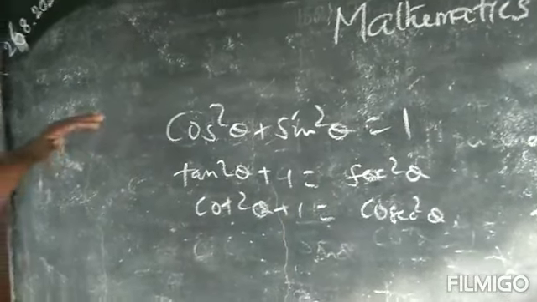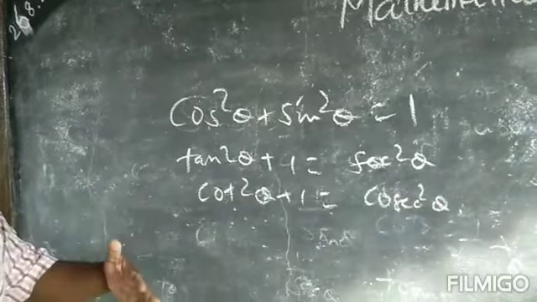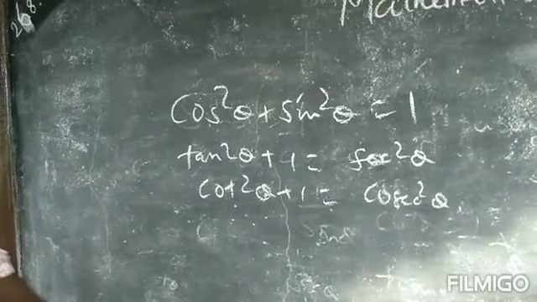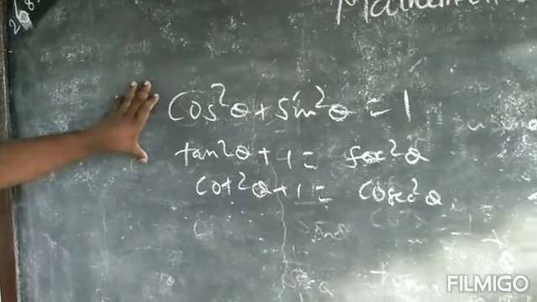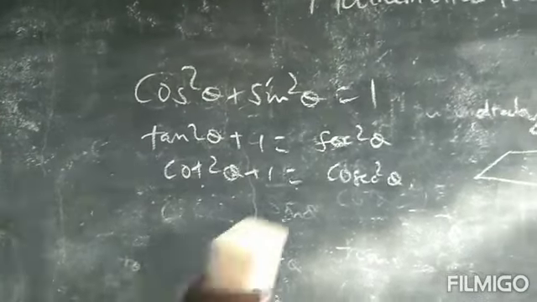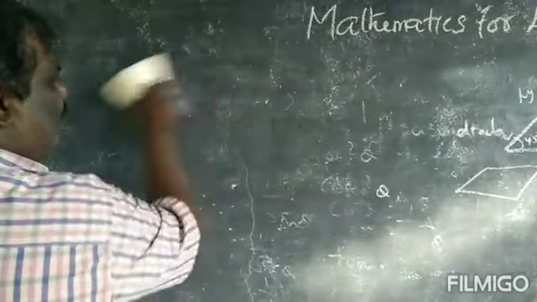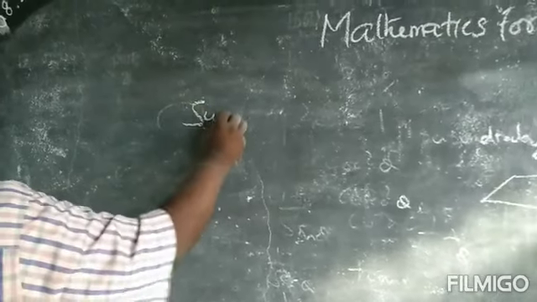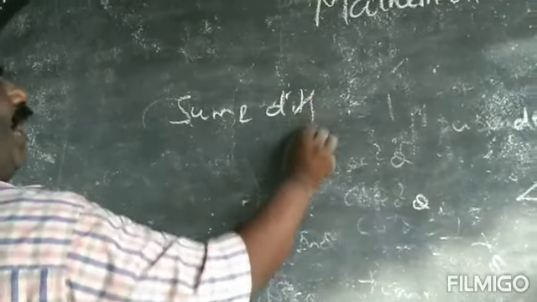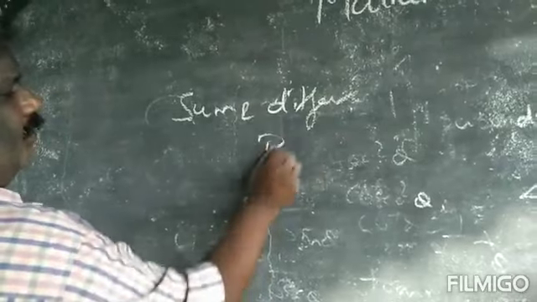So first we discussed the reciprocal and quotient identities. This is about the Pythagorean identities. Likewise, we have the sum and difference identities.